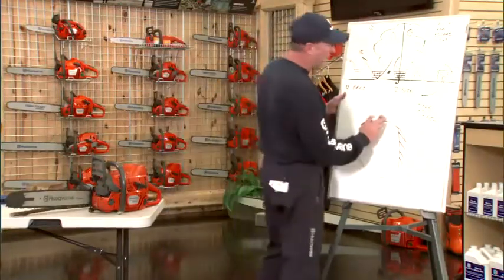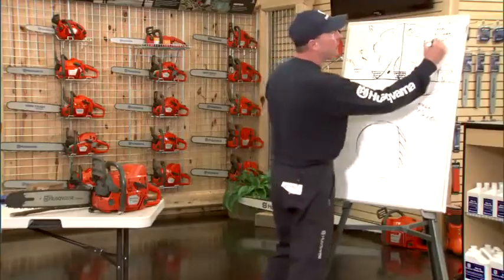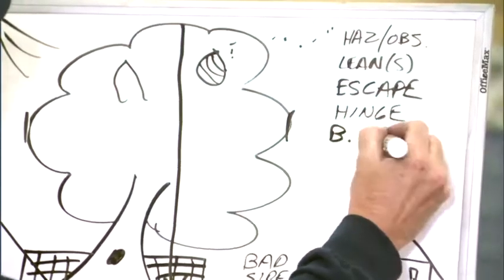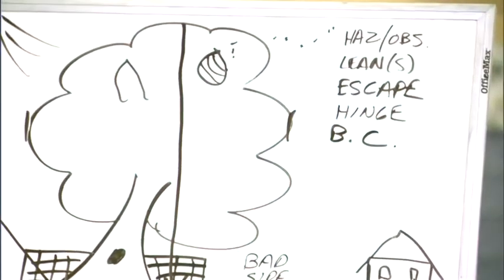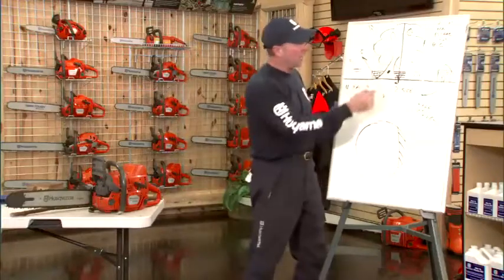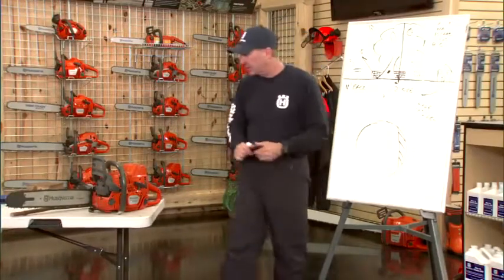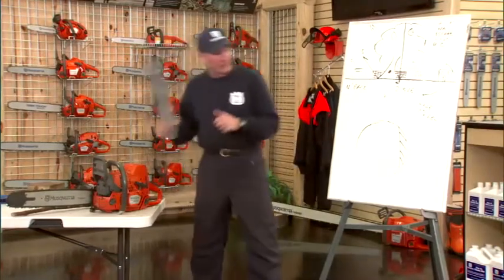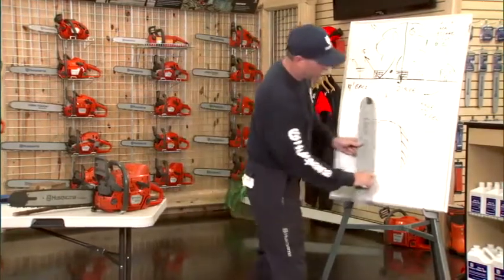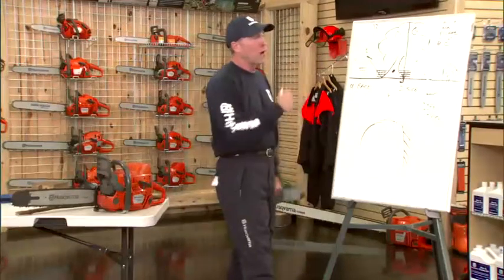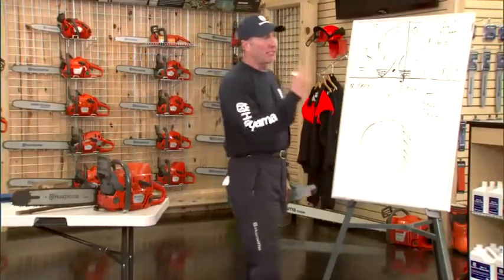And then our back cut plan is step 5. And the back cut plan is once you've put the notch in the tree, you need to say, am I going to cut this tree from the back to the front? Or what am I going to do and what do I need? Now in this situation, we've got side lean.